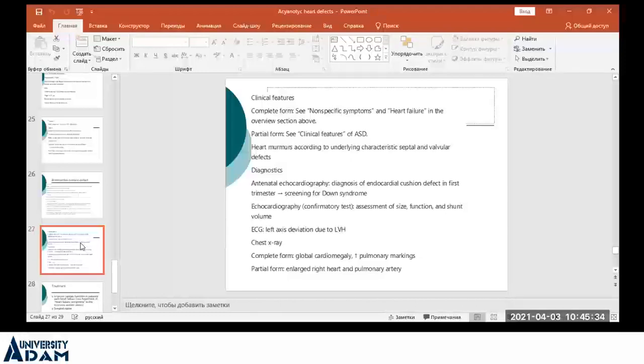Clinical features may be different. There is no specific symptom, only heart failure symptoms. And diagnostics is the same as for other defects: echocardiography, electrocardiogram, chest X-ray.